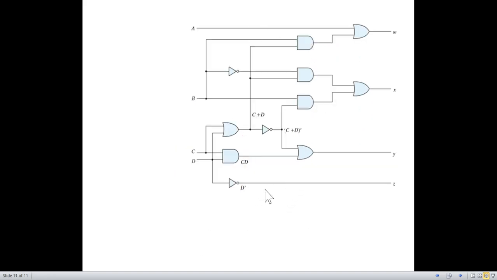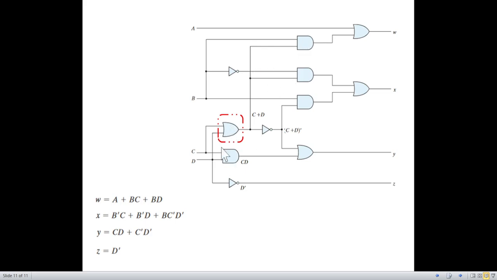Now, how did he achieve this diagram in the book? So let's see. What he has done is this circuit tried to group further so that we can use this term C or D. And C or D has now been used at 3 places, here, here, and here.